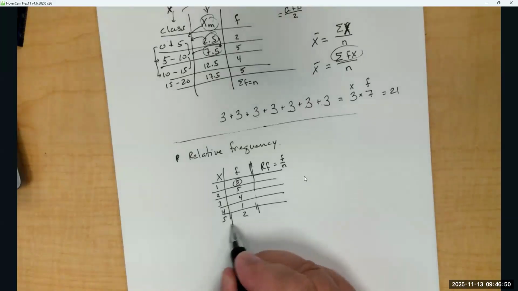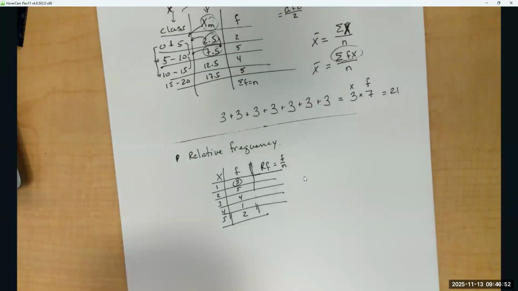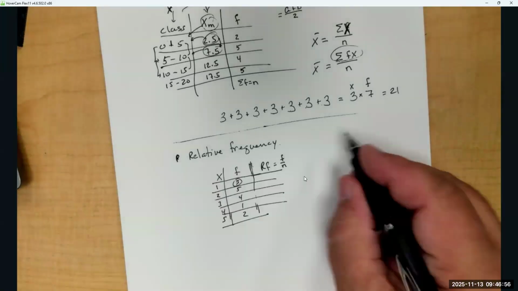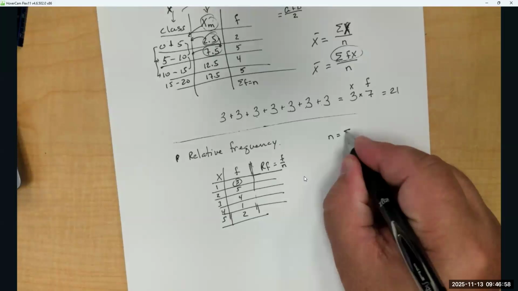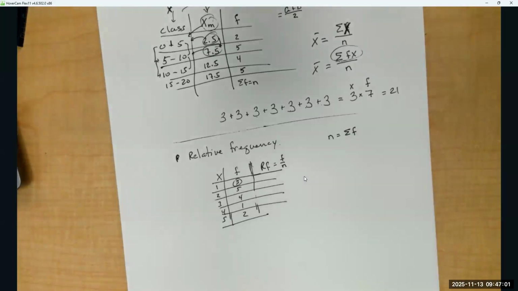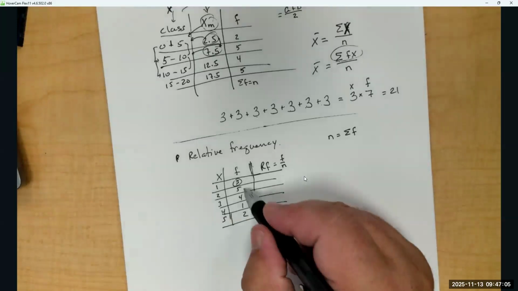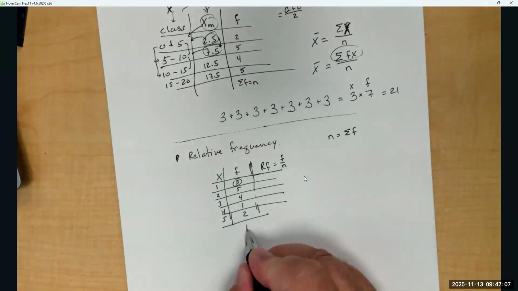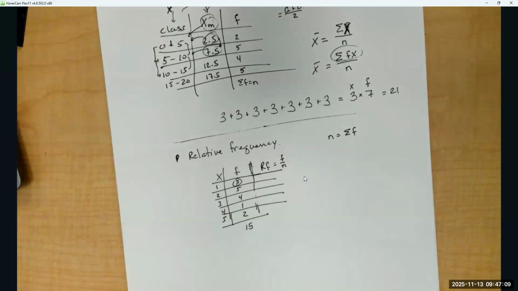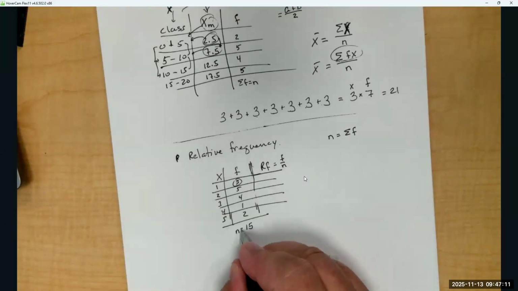So the first thing we have to do, how do we find n? By definition, n is the summation of all your frequencies. N is 15 in this case.